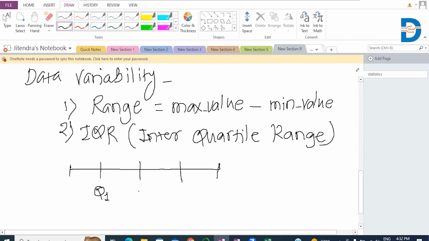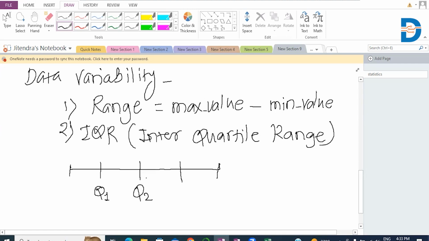The second 25%, meaning the overall 50th percentile value, is Q2, and Q2 is your median value, because when we calculate the quartile values, we sort the data in ascending order and then split our data into 4 equal parts.